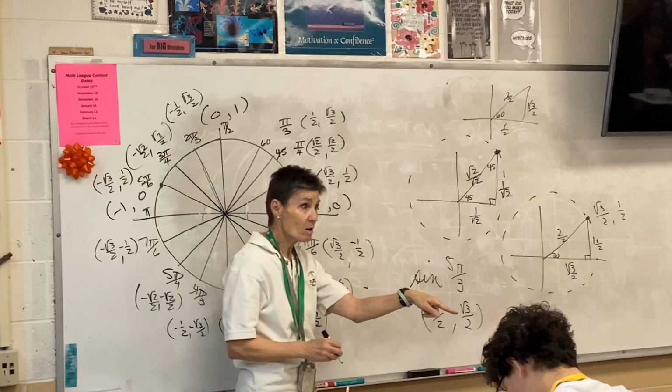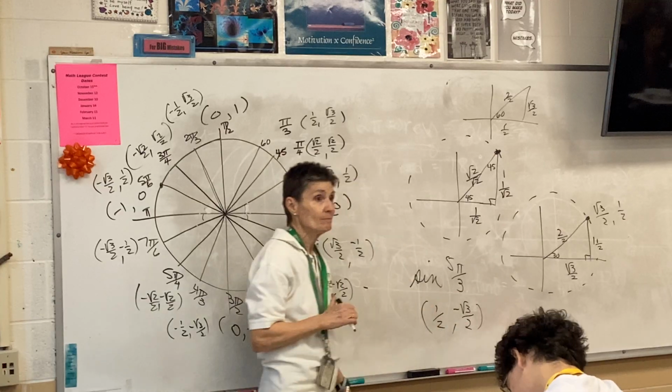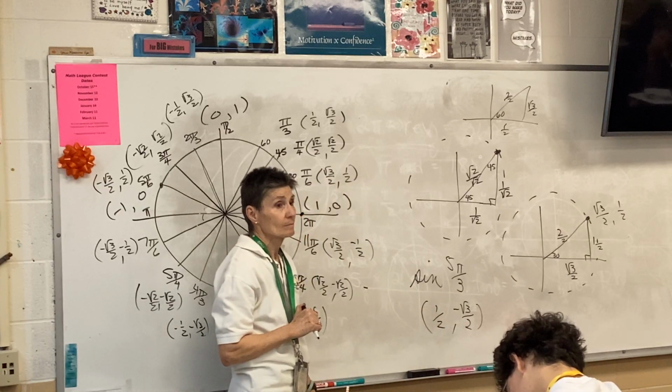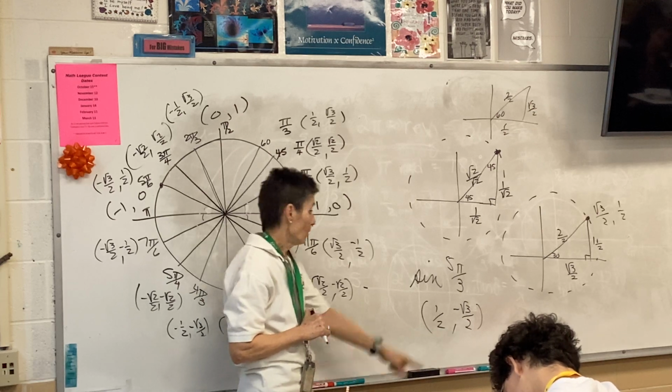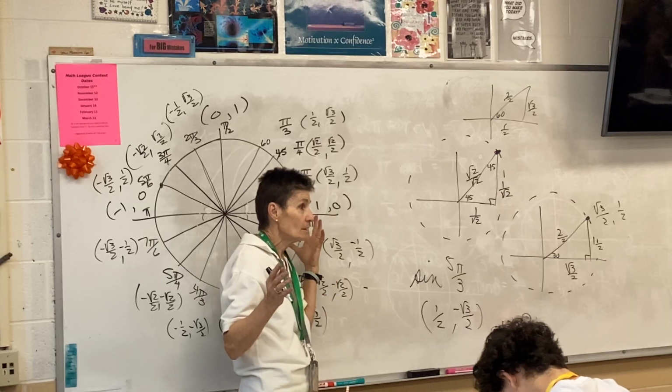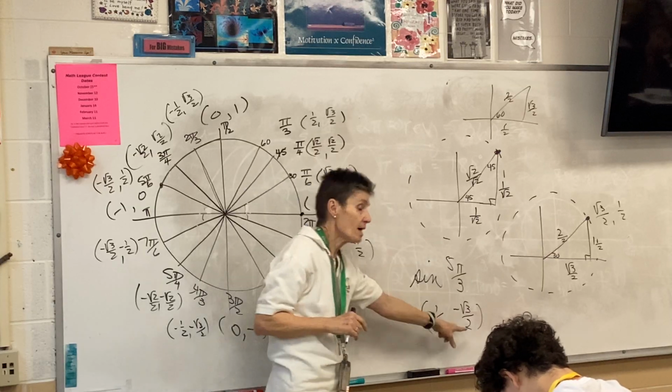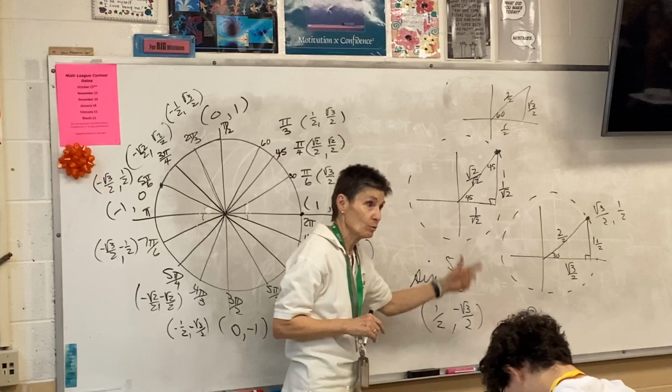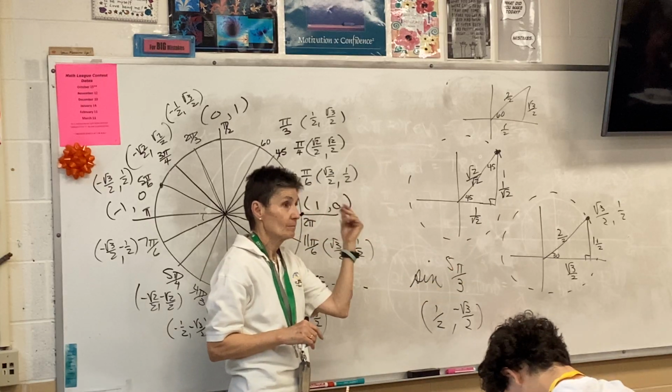Quadrant 4, so my y has to be negative. What's sine? Y over r, what's r? 1, so what's the sine? Negative root 3 over 2. Just like that.